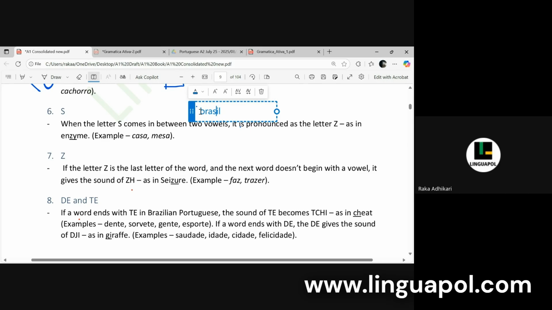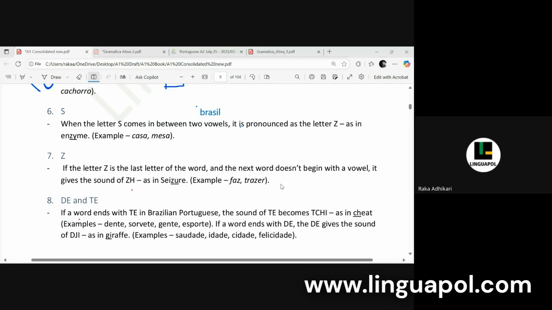In this, you can see the letter S is coming between A and I. So it is not Brasil, it's Brazil. So be it European Portuguese or Brazilian Portuguese, the same rule applies. If the letter S comes in between two vowels, then we'll have to give it a sound of Z, like a Z. Okay. So here these words, this will be read as casa.